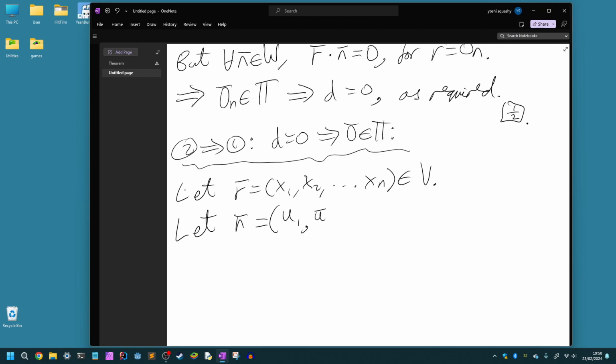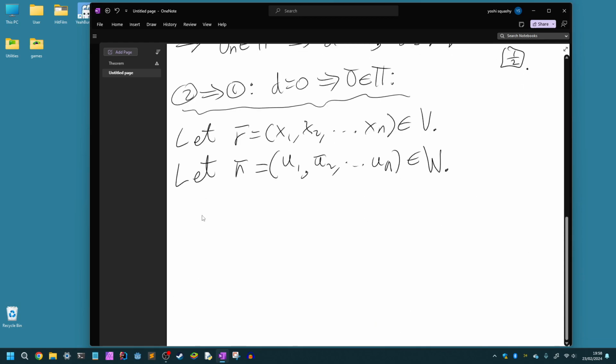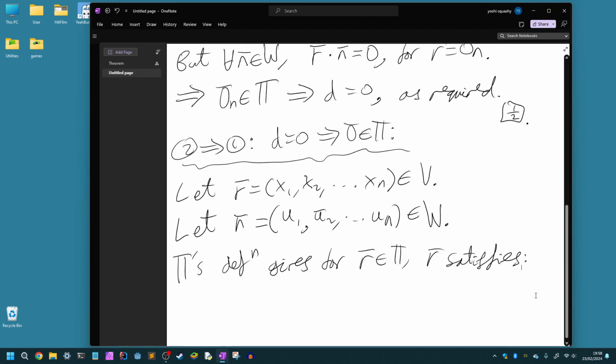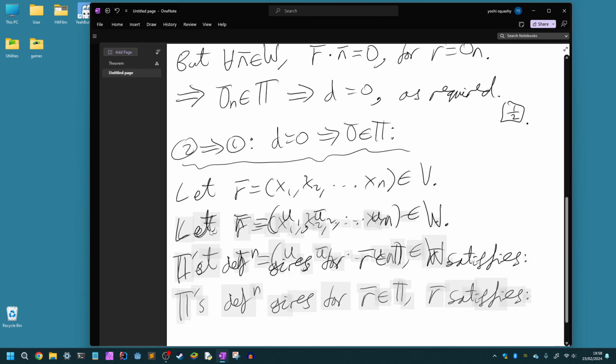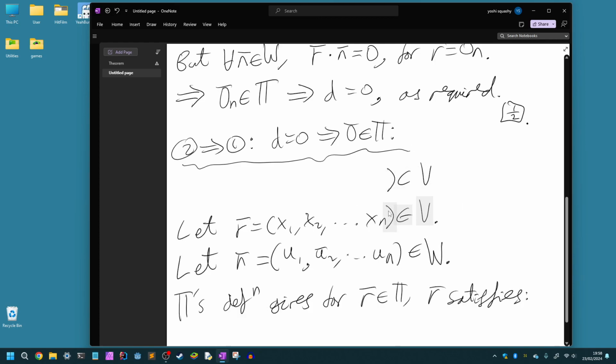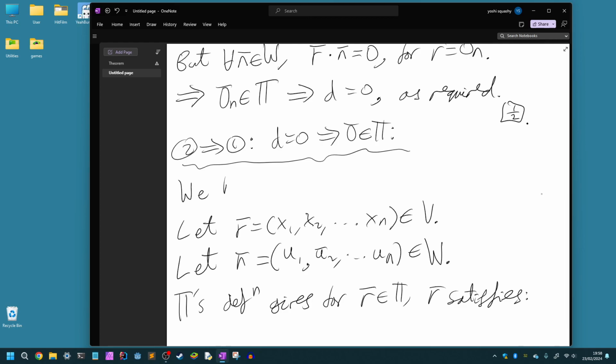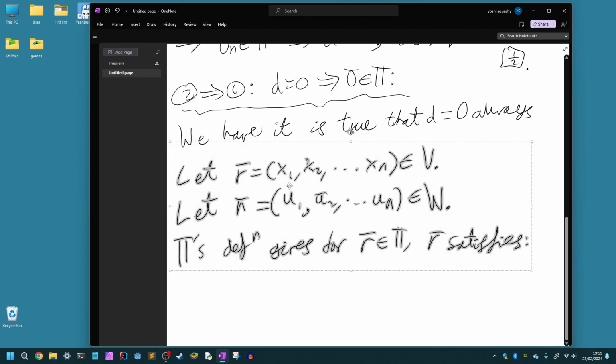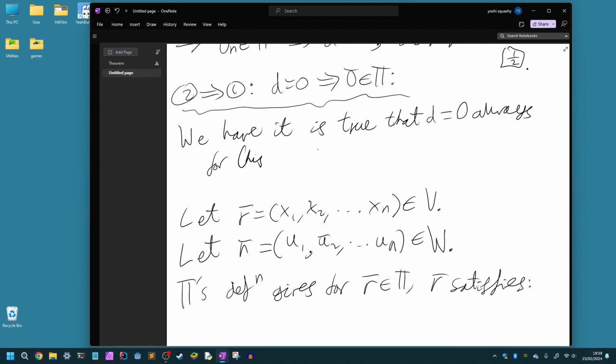We're doing u. (u1, u2, ..., un) of the set W. Pi's definition gives, for r of the set pi, that r satisfies... I just realized we need to say it is true that d equals 0 always, for this direction of the proof.